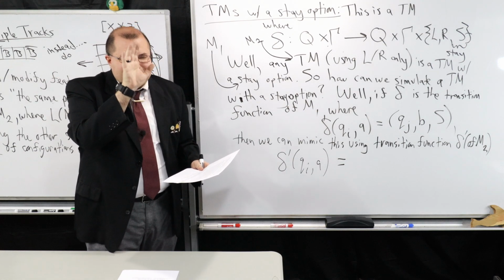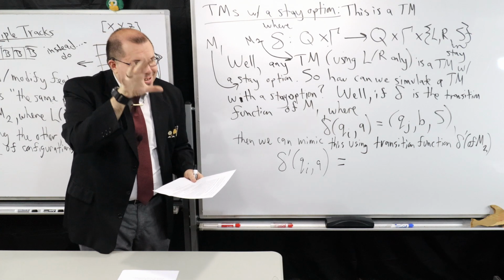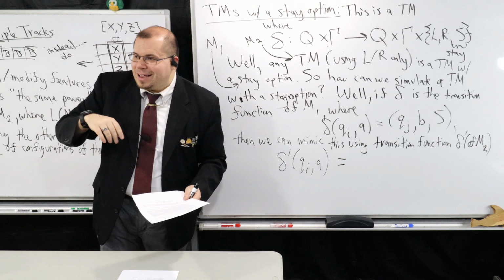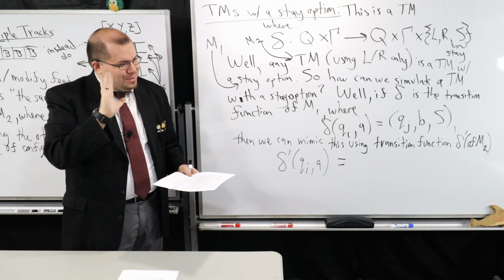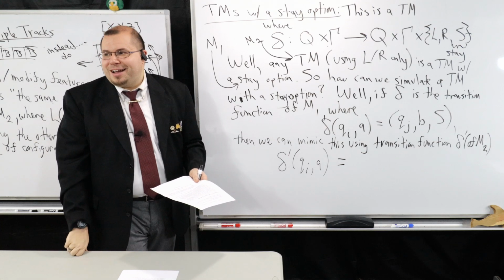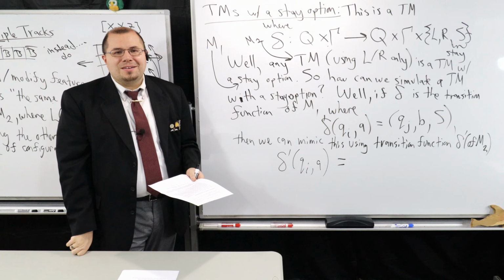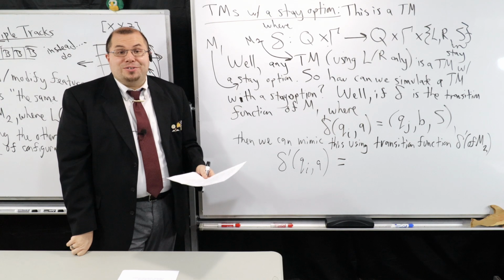If you have the stay option, could somebody give, we only have about a minute here. Does anybody have any ideas of how I could simulate the stay option with just making moves left or right? Any ideas? You don't have to give me all the details. Just tell me what you think might be the best idea to try first? Yeah, you go back to the same state, but how do you do it?